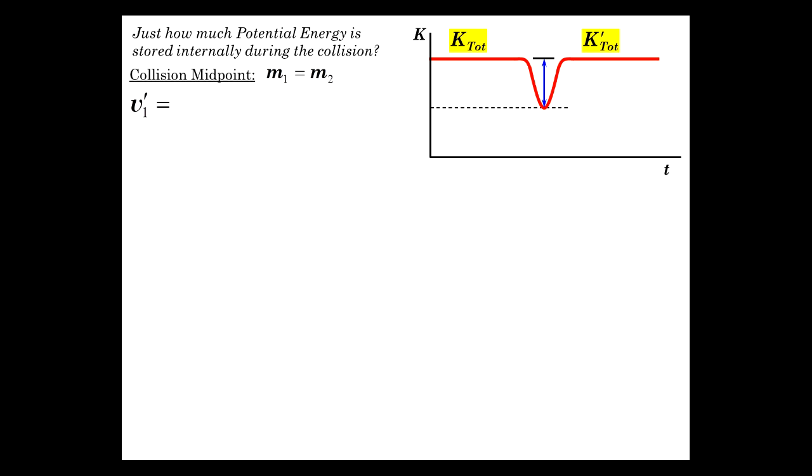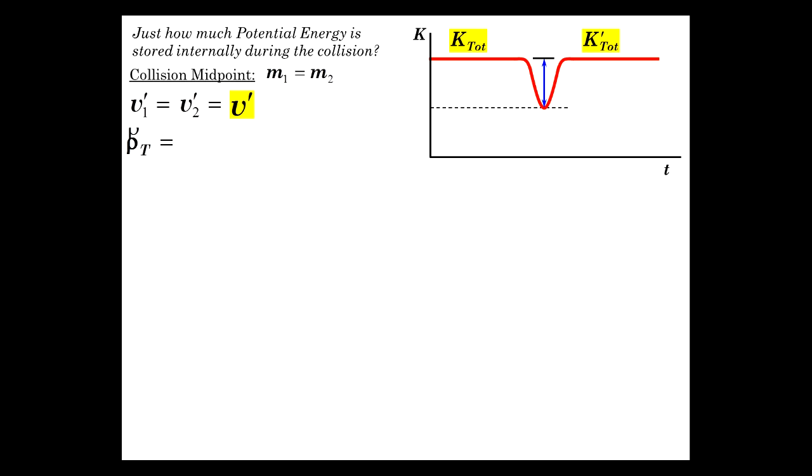Well, that's good. That's like in our momentum considerations where we have an inelastic collision and they stick, at least for that brief moment. So in other words, v1 prime, the velocity of cart 1, at that collision midpoint is equal to the velocity of cart 2. So that's what the v1 prime and v2 prime is. So since they're the same, let's just call it v prime. At the midpoint in particular, the velocities are the same.